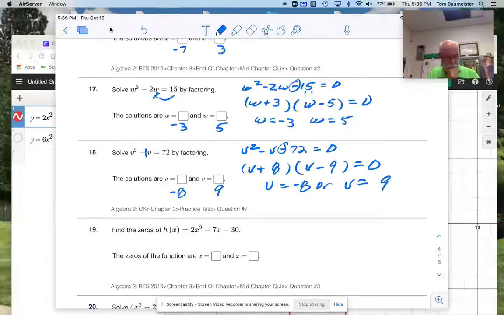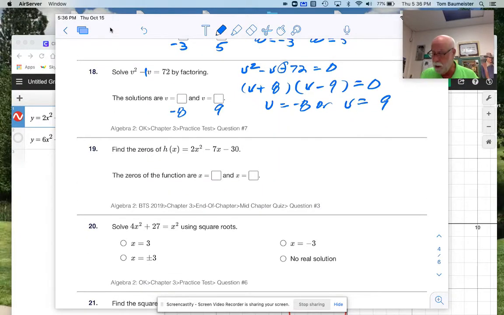All right, 19 is probably one of the hardest problems on the test, but we should be able to do this. Now remember, when it says to find the zeros of h of x equals 2x squared minus 7x minus 30, we're setting that equal to 0. And again, we're finding the x-intercept, so to speak. So remember on this one here, we don't have a coefficient of 1 on the first one there. I kind of showed you how to do this.